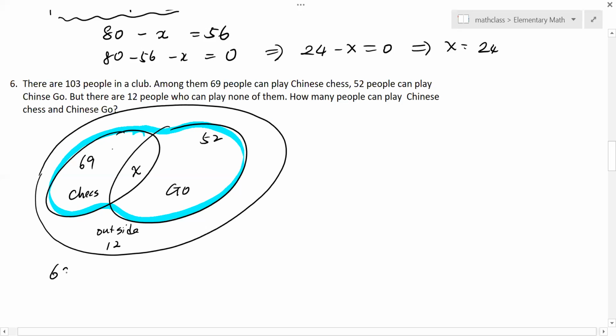So 69 plus 52, and then minus X. Why the minus X?